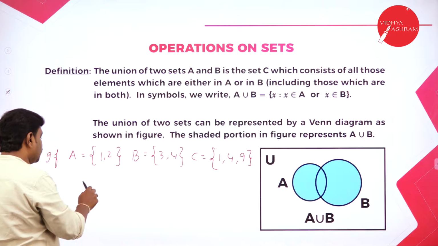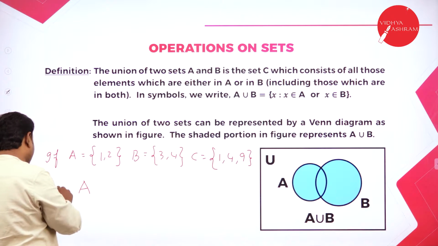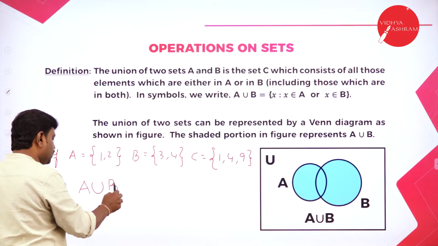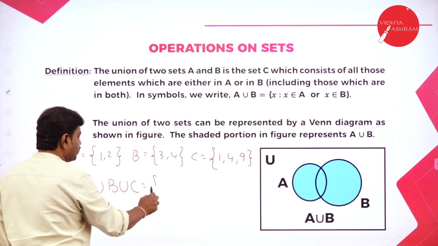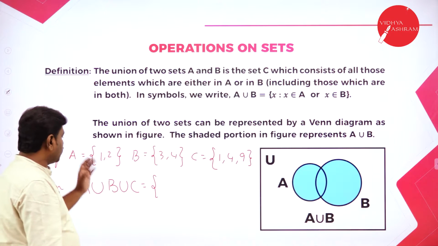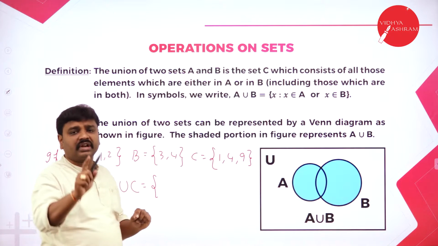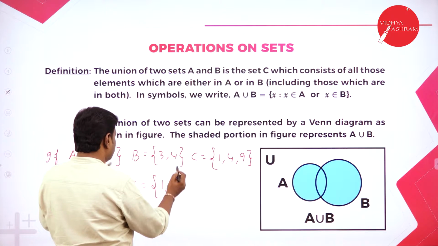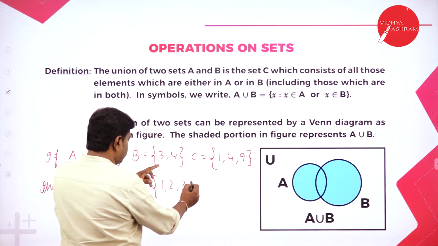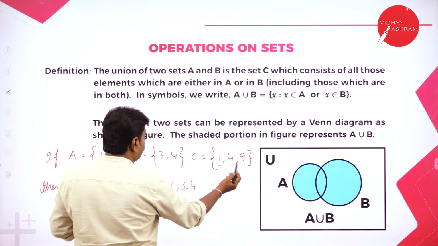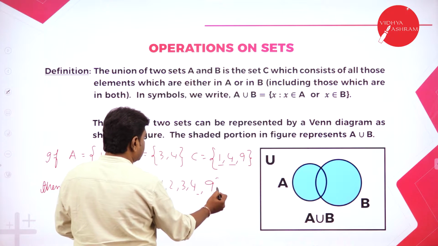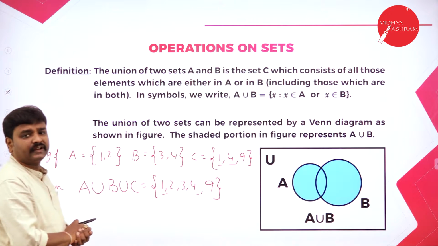Now I'll find A union B union C. What is meant by A union B union C? Combine A with B and C without repeating. So 1, 2, then I'll take 3, 4, then C: 1 and 4, already 1 is there, 4 is there, so don't repeat, only write 9. This is A union B union C.